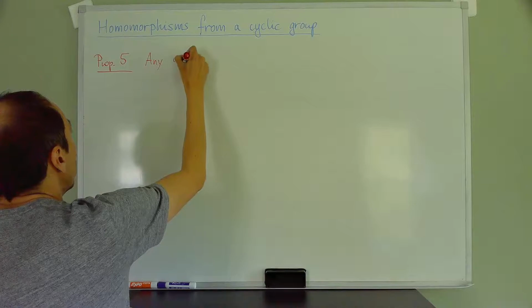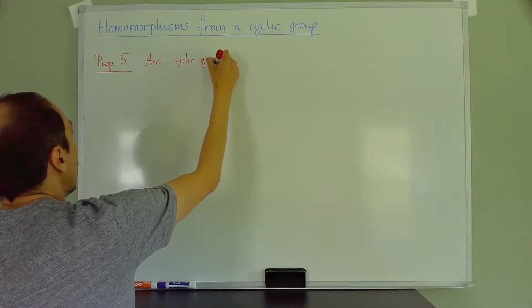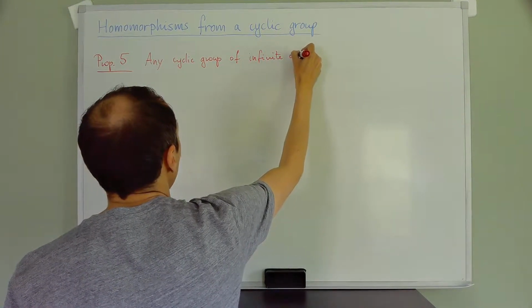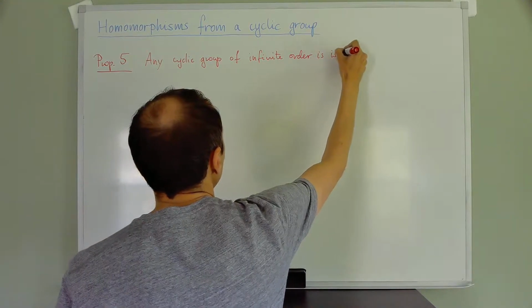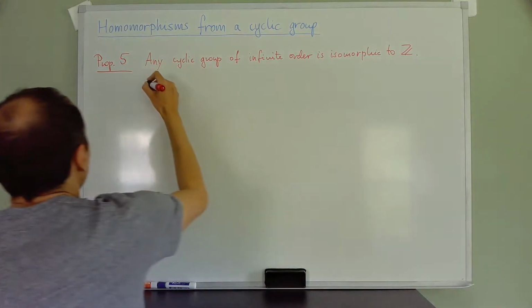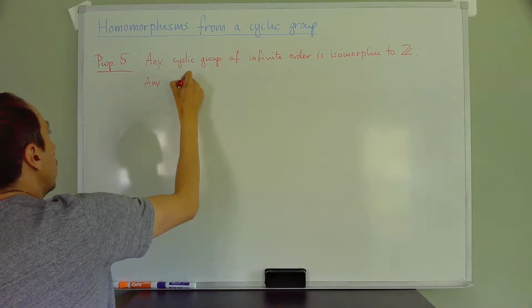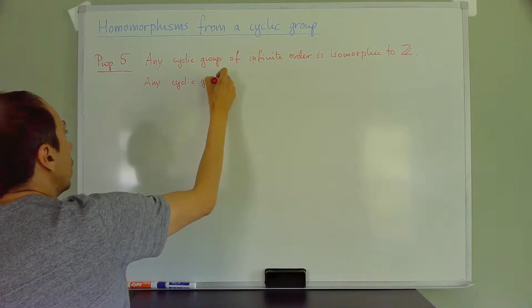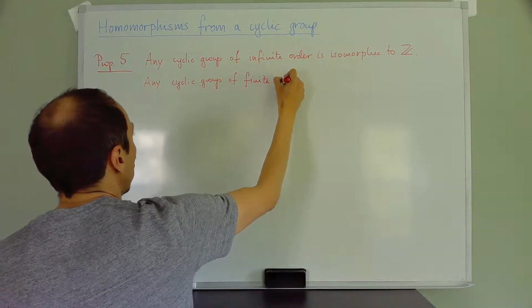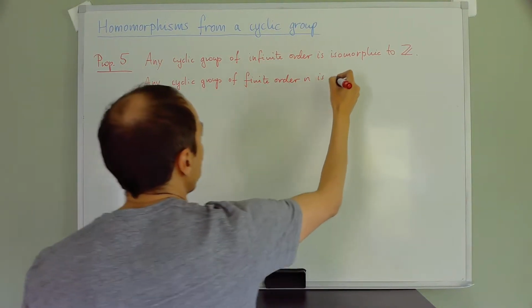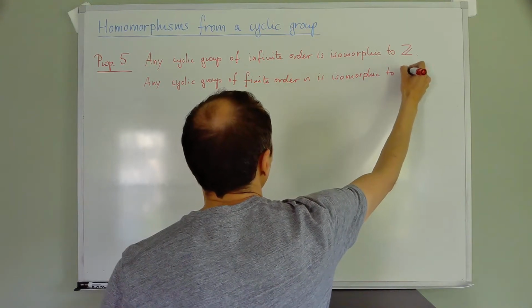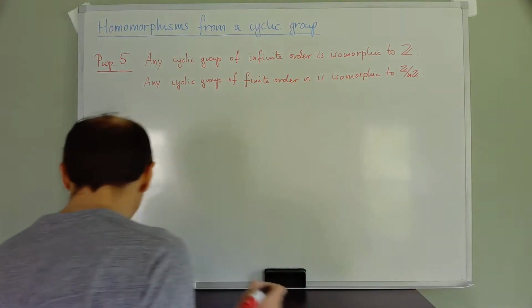Any cyclic group of infinite order is isomorphic to Z. Any cyclic group of finite order n is isomorphic to Z mod nZ.